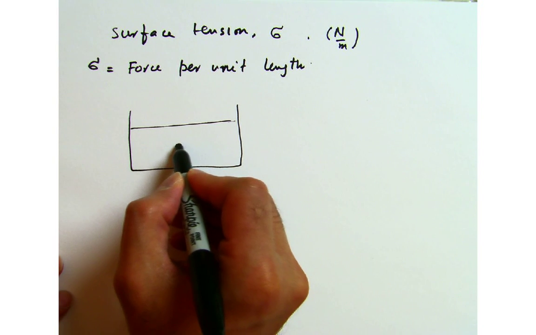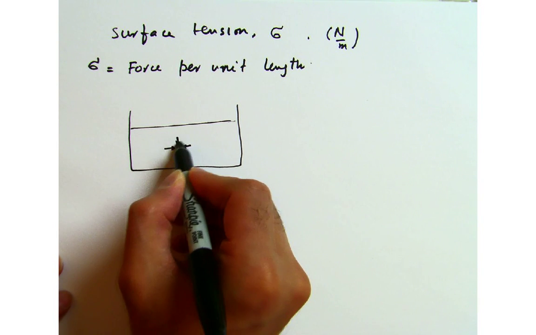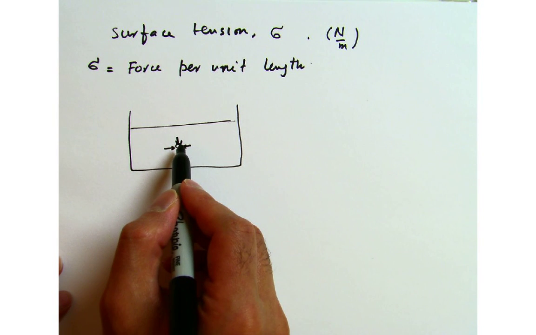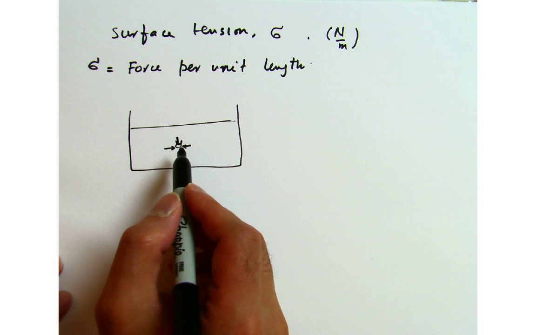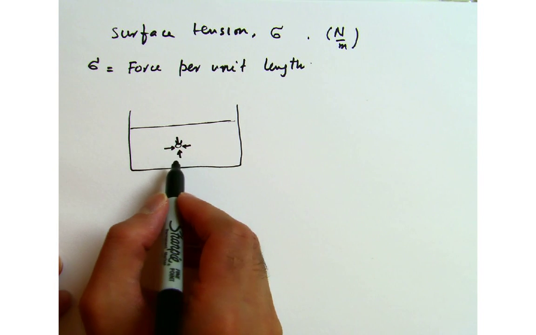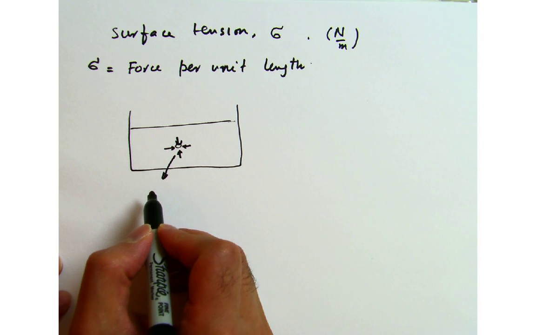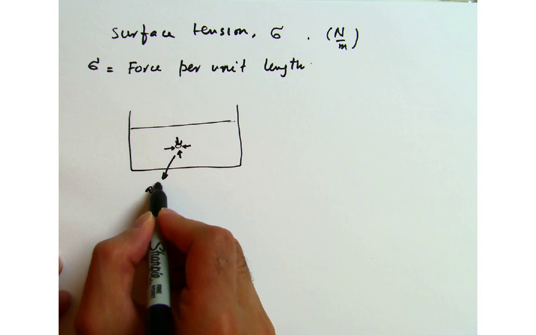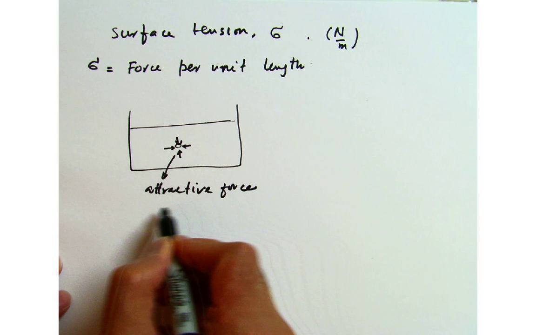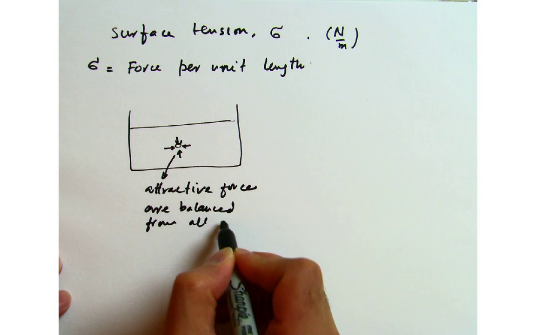If you look at this molecule over here, it has attractive forces from all directions, and all the attractive forces are balanced.